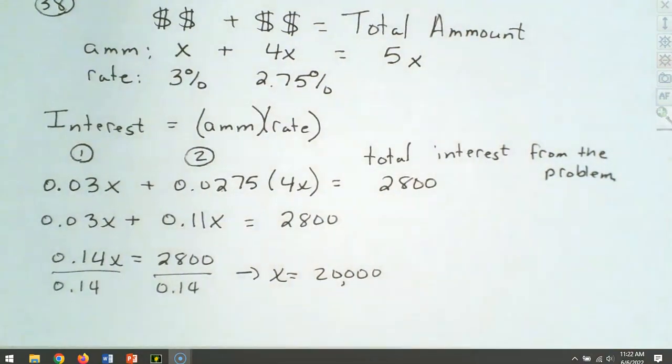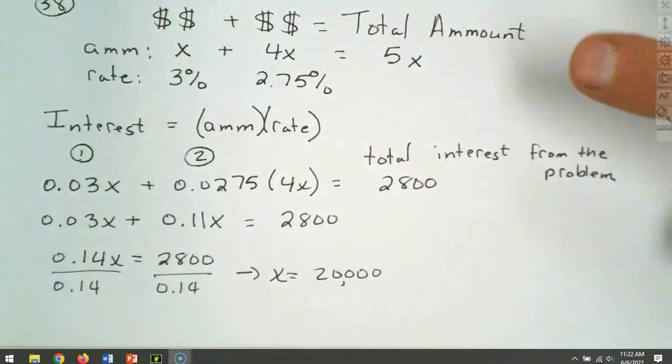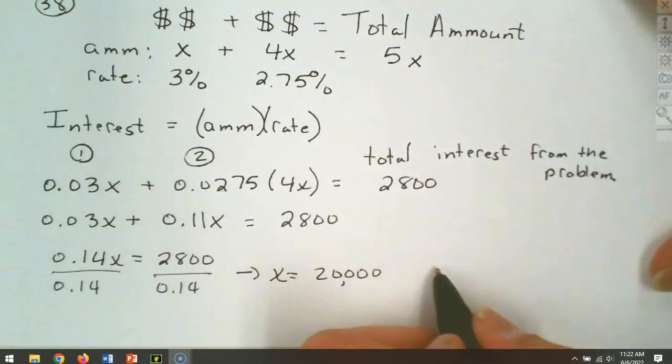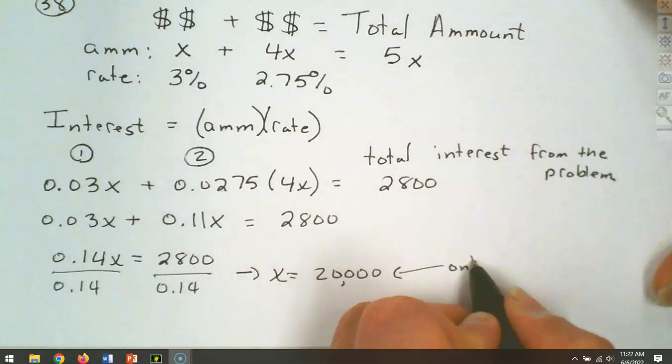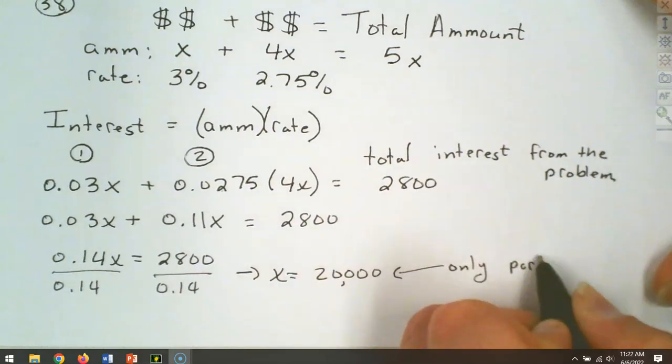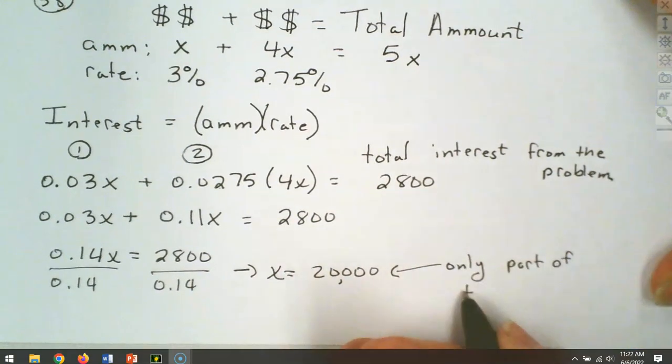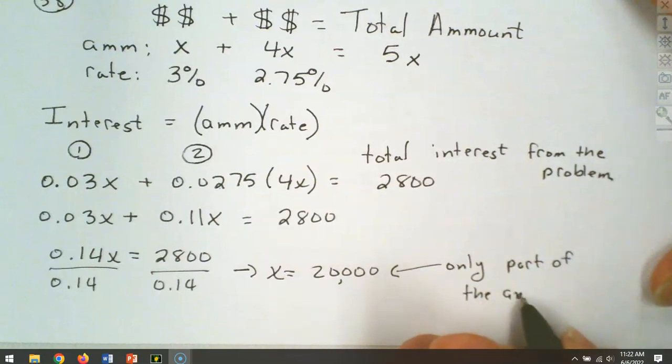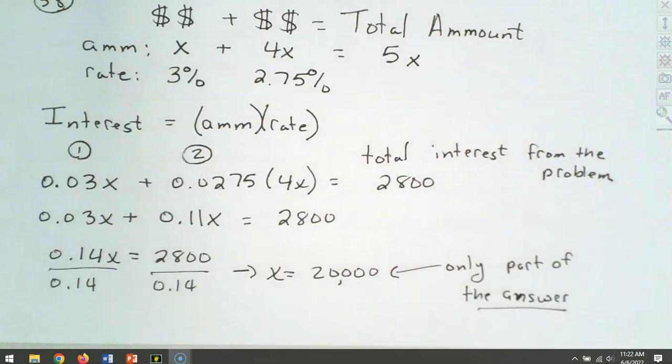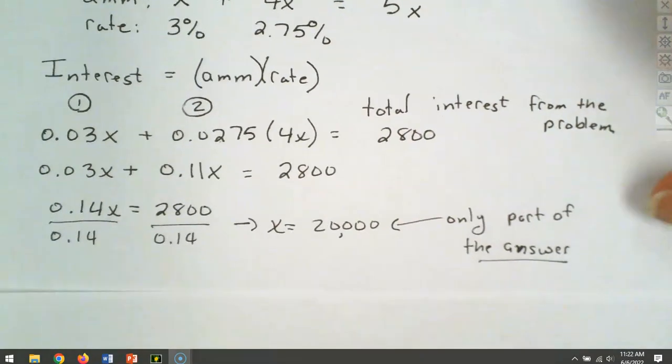That is not my total answer. It's not your final answer. It's only part of the answer. How do we get the entire answer? What we want for our entire answer is to know how much is in both funds.